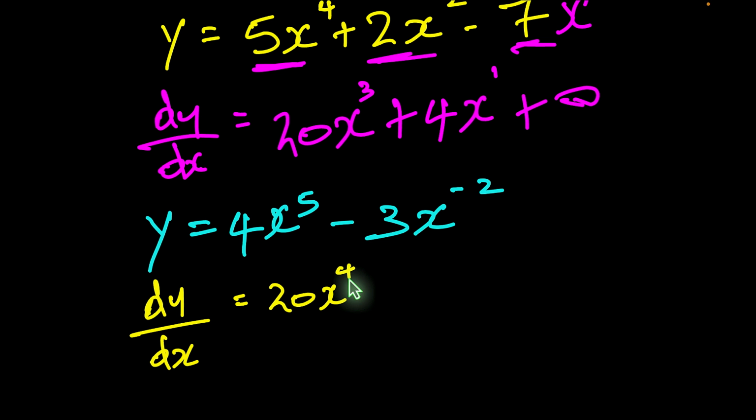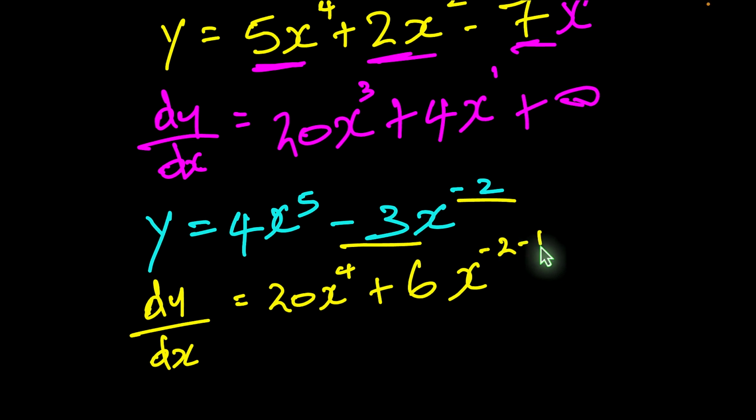And what we have here is we have to see this as a negative 3. So we would have negative 3 times negative 2 there, and that's going to give us a plus 6. And when we take 1 off this negative 2, so what we have here is minus 2 there, and we're taking 1, that's going to leave us with a negative 3. So to tidy this up, this is what our final answer would look like.